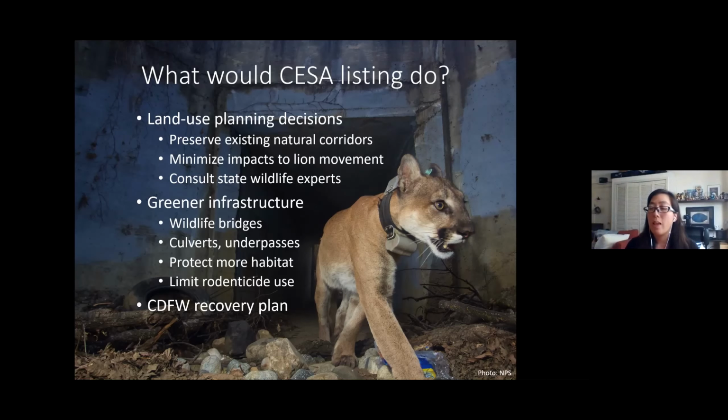And then CESA listing would also allow for the development and implementation of a recovery plan by the California Department of Fish and Wildlife. And they could look at the status of these populations and plan accordingly to help improve their chances for long-term survival.